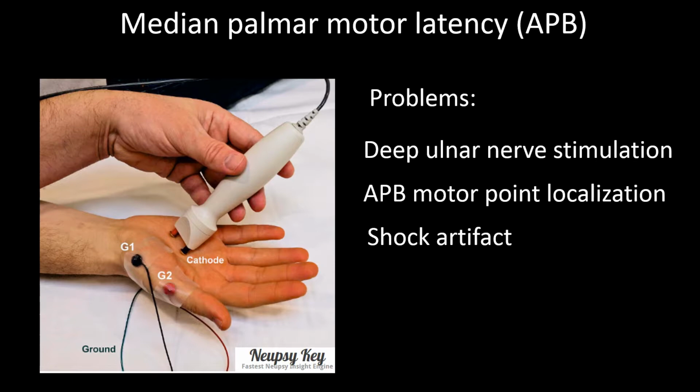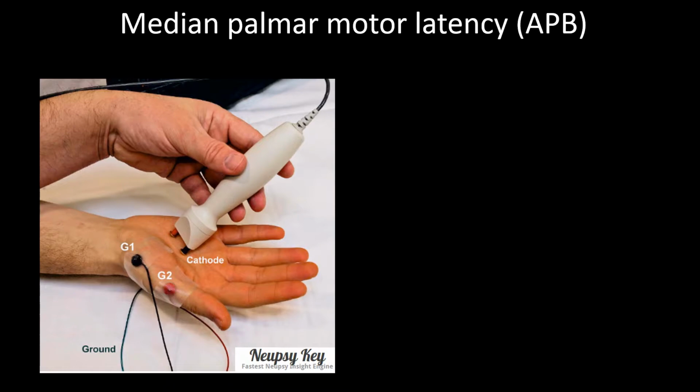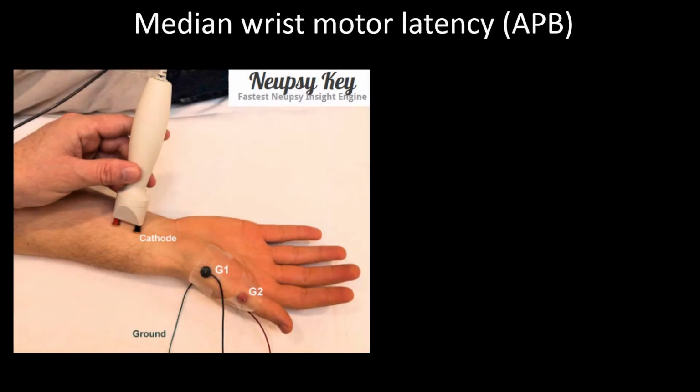Resolution of technical issues is often brought about by decreasing the stimulus intensity, appropriate placement of E1, and anode rotation. Following palm stimulation, we should do wrist stimulation keeping E1 at the same position as part of the standard testing for complicated carpal tunnel syndrome.